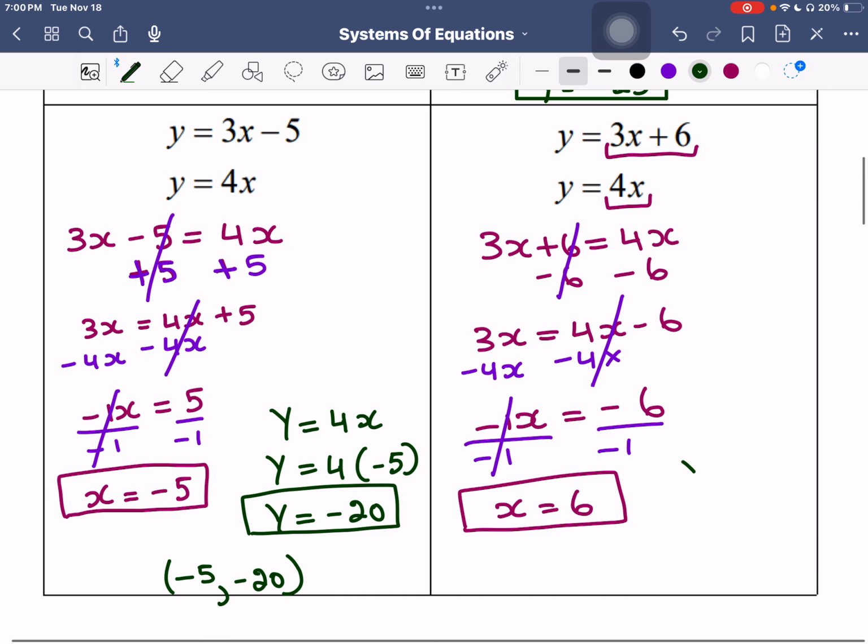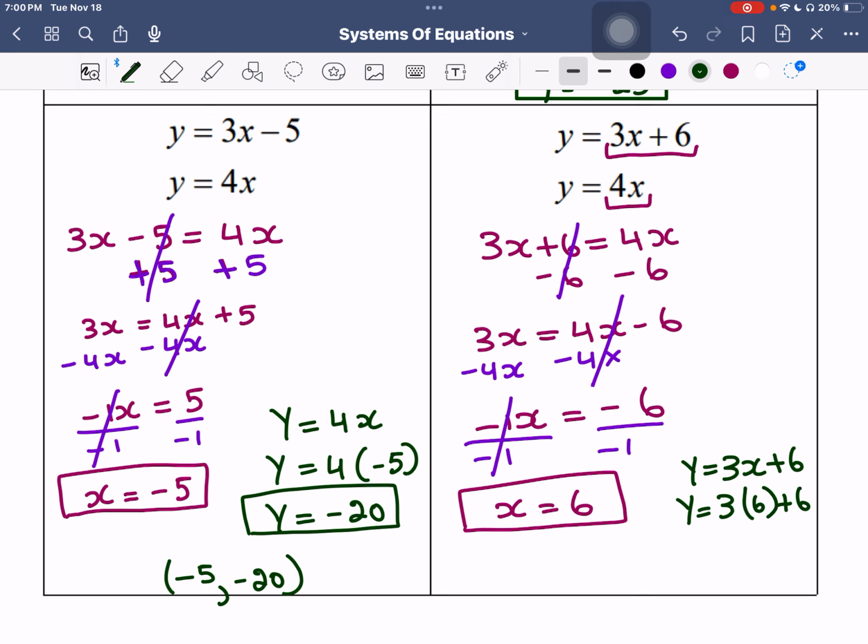So y is equal to 3x plus 6. y is equal to 3 times, I just found that x is equal to 6, so 3 times 6 plus 6. 3 times 6 is 18 plus 6. That is 24. So y is equal to 24.